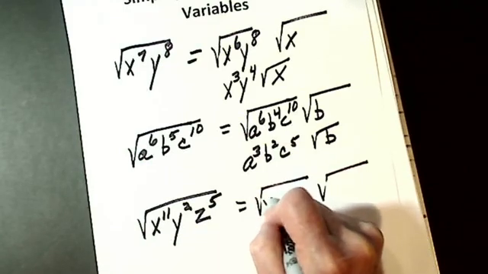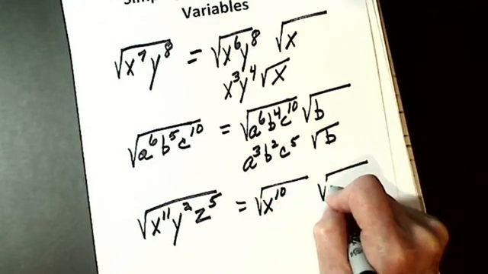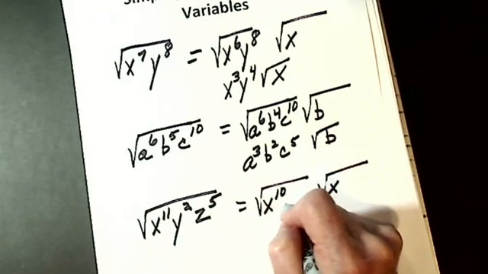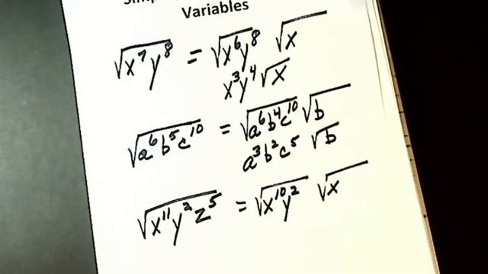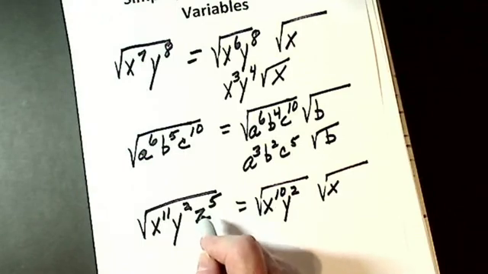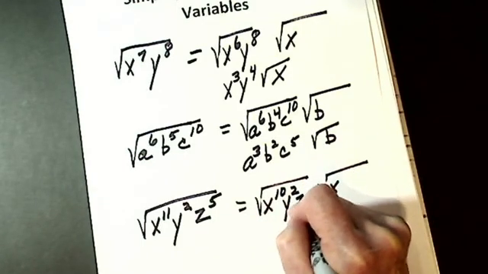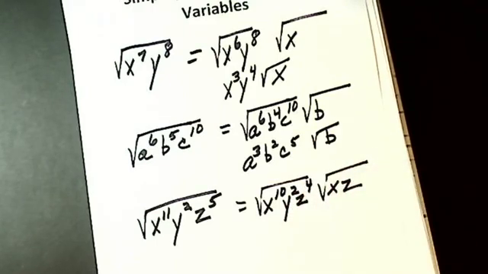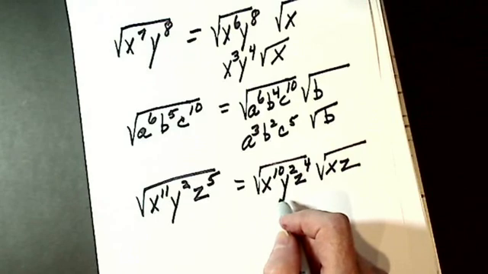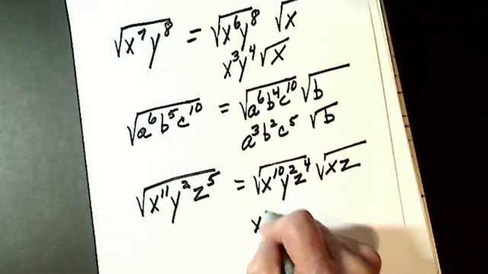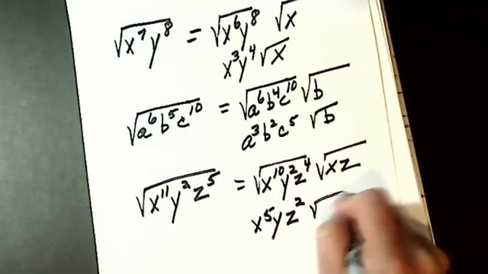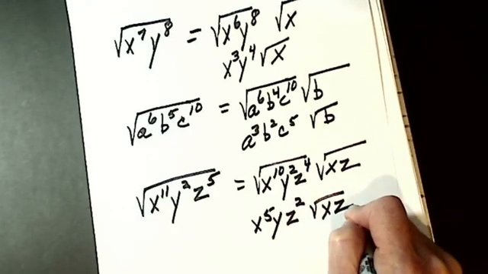So I break it down into the highest even and 1. This is even. Stays. This is odd. I break it down z to the 4th and z. Now I can take the square root of this. I'm going to get x to the 5th, y, z squared, square root of xz.